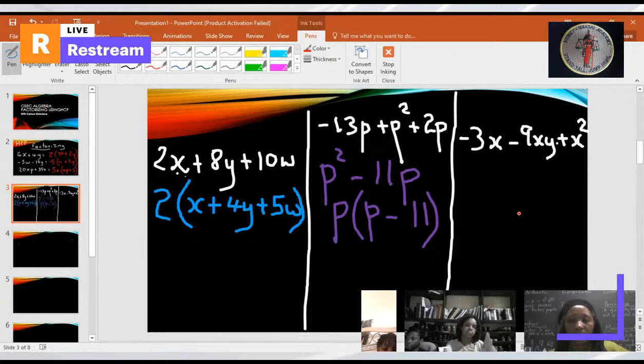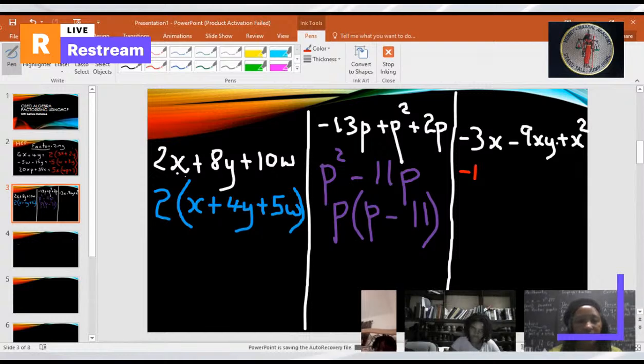Miss, the HCF, this would be negative 3x. Are you sure? No, it's negative x. So negative x is the highest common factor there.